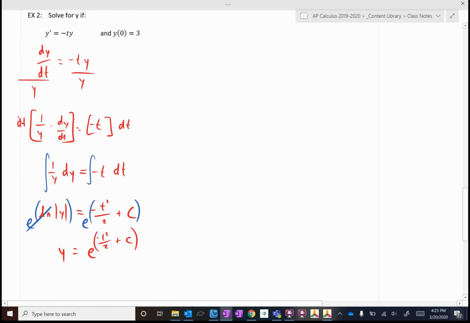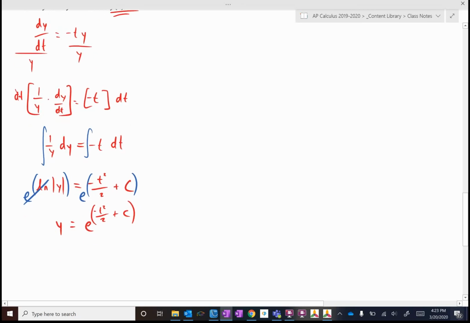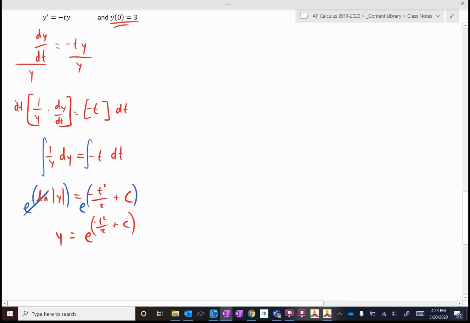So now that we've solved for y, we have two more things to do. I'm going to do a little bit of simplifying of this expression, rewriting it in ways that will be helpful. And we also need to account for this initial condition. So let's start by simplifying, using our rules of exponents.